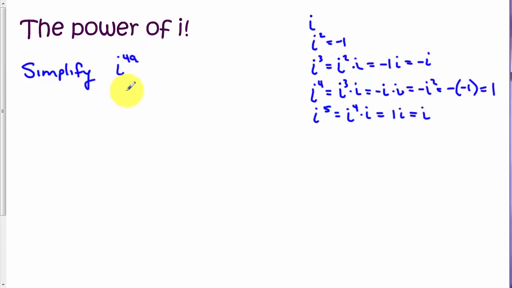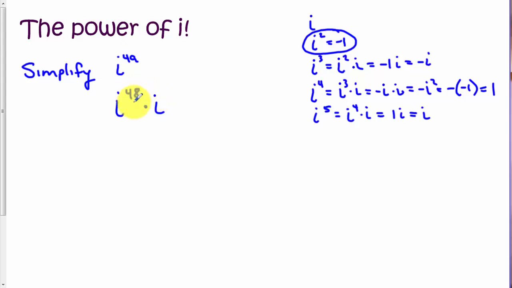To solve problems like this, which will show up sometimes on standardized tests, the skill will be to factor out powers of i squared. So let's make this be an even exponent. Let's break this up into i times i to the 48th power. Remember, on exponent properties, we are adding the exponents.